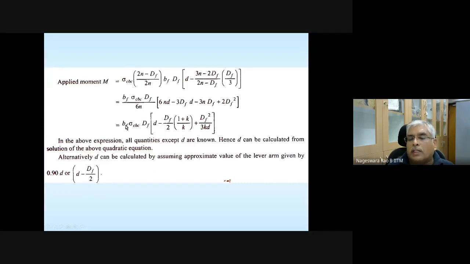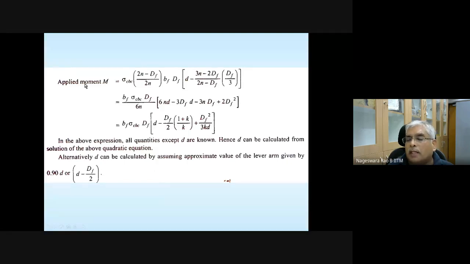This small bf, the effective flange width, is going to be a function of your boundary conditions, depth of the flange and width of the flange. So assuming bf is constant or known, capital DF is dictated by the slab thickness. We don't have control over capital DF, so this is also assumed to be constant, and everything is constant except small d.